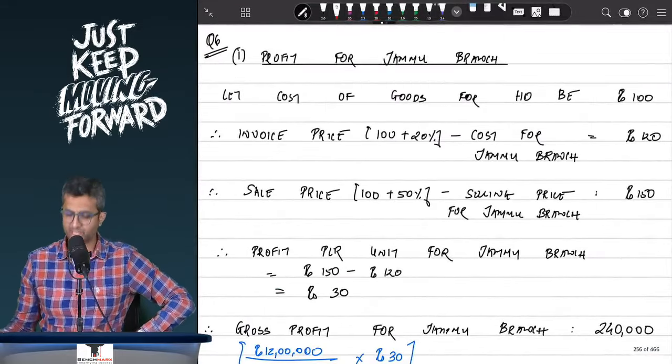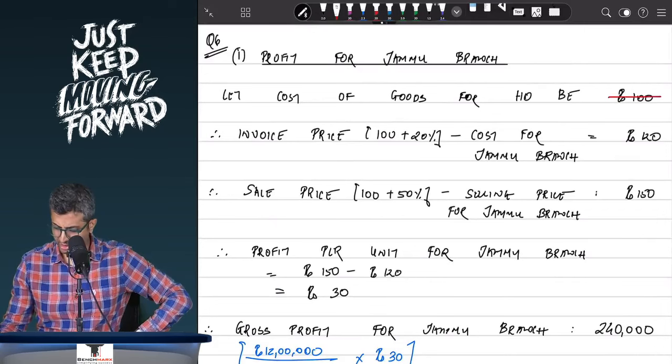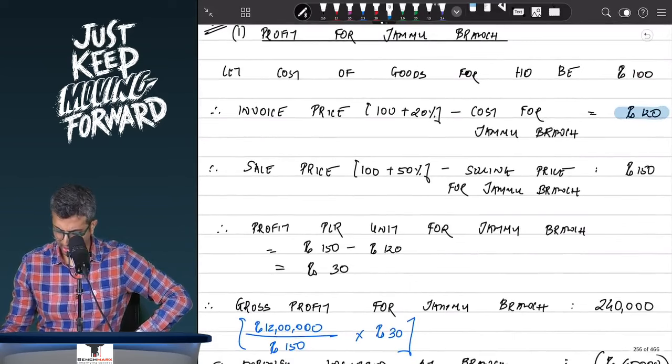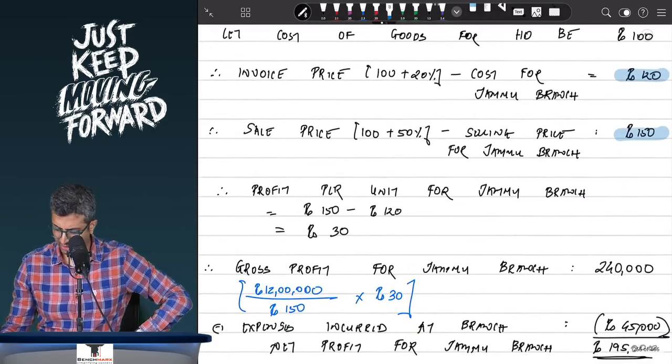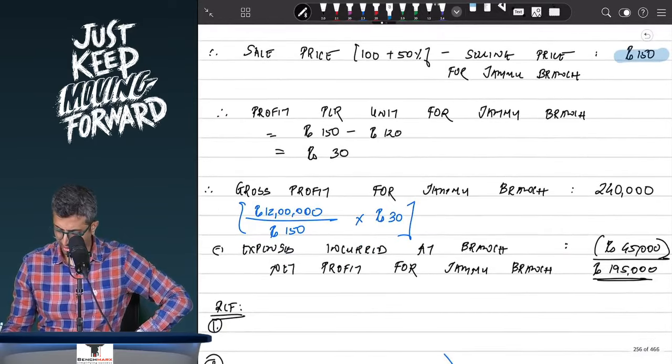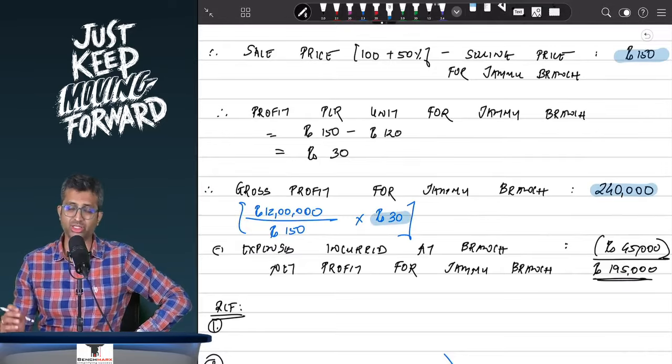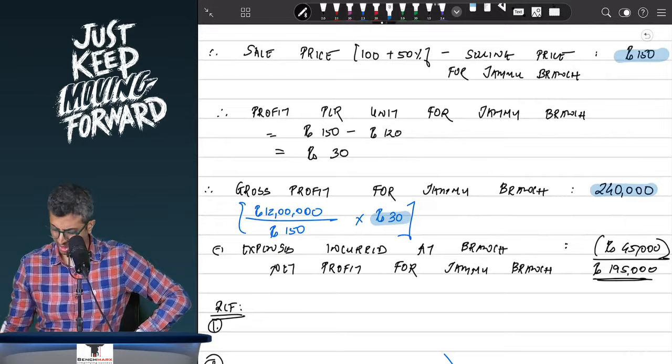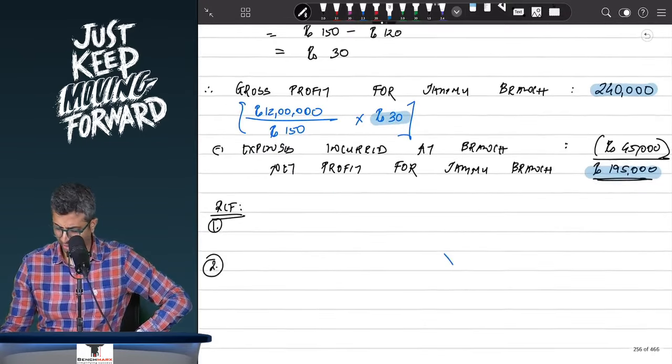Question number 6. So you will have cost is 100. Ultimately invoice price is 120. Sale price is 150. Gross profit will be 2,40,000. This is based on 30, which is nothing but 150 minus 120. And 1,95,000 is your profit element.